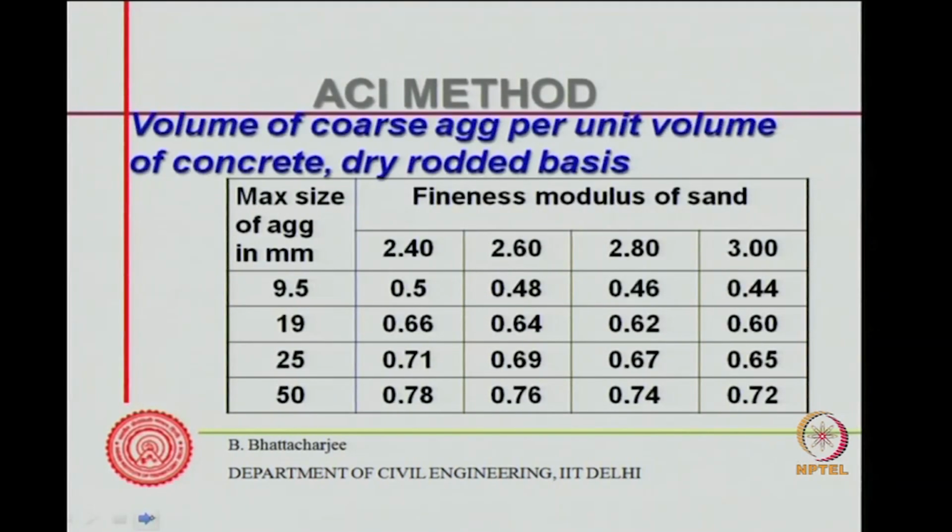If you see, the volume of coarse aggregate per unit volume of concrete on dry rodded basis is given by this table. Here we have taken maximum sizes such as 37.5 and 50, and many others are available. This is the fineness modulus of the sand, increasing along this direction, and this is my MSA increasing.